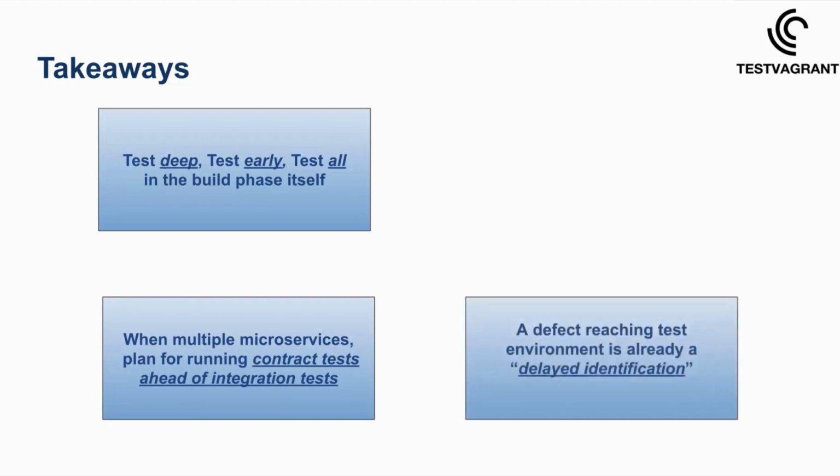A defect that reaches the test environment is already a delayed identification. That is one of the very important points that we want to make with these sessions. For a microservice, if you find a bug in a test environment, that is already late, which means we have not built things in the right manner, and that is why we put our time and investment into white box testing.